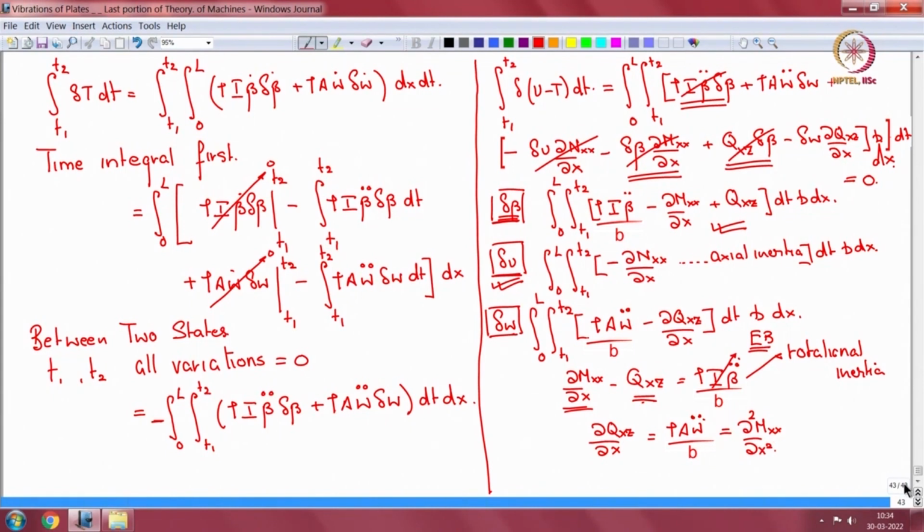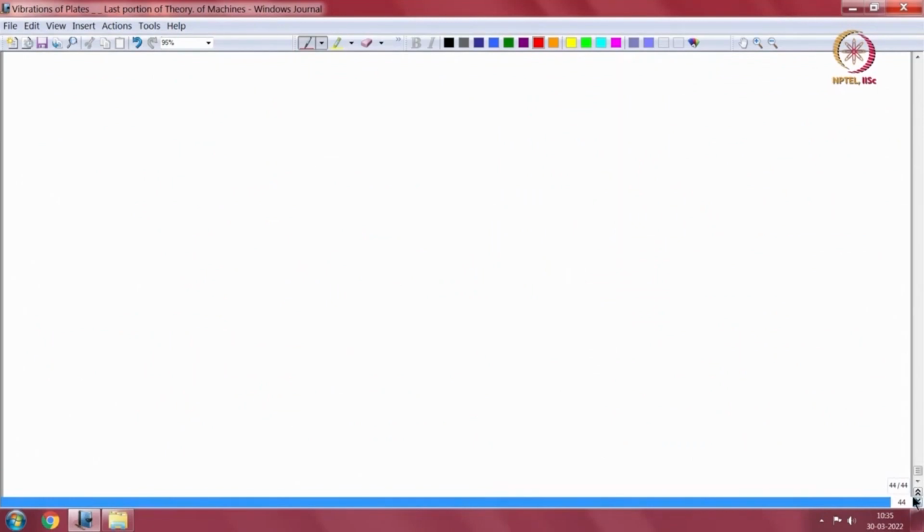So far we have not brought in the fact that shear strain is 0. Now, my u is equal to z beta, which we have brought in, so that my axial strain is z times del beta by del x. What is my shear strain?